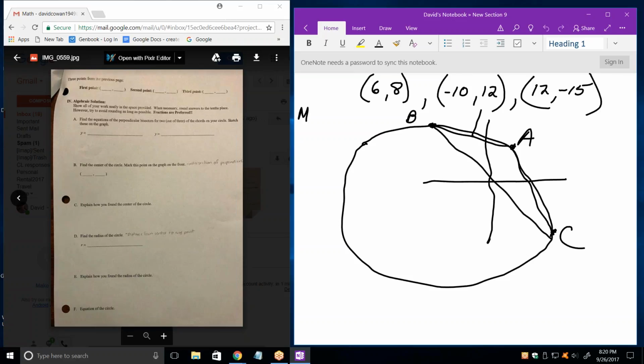The slope of AB is m of AB. 12 minus 8, over, this is A, this is B, this is C. So 4 over what? 12 minus 10 minus 6 would be minus 16. So that slope is negative 1/4 of chord AB. So what is the slope of its perpendicular bisector?